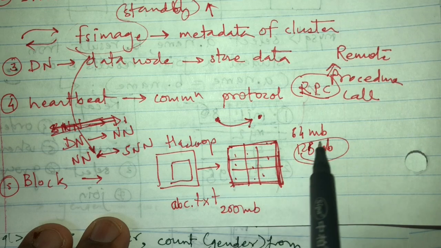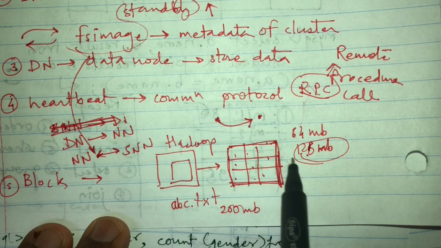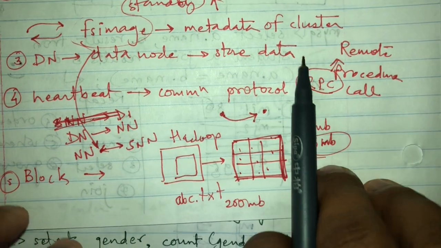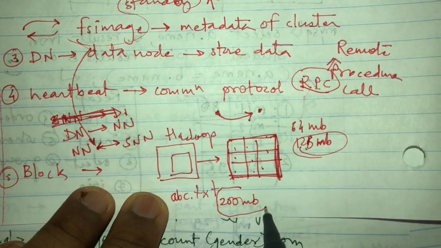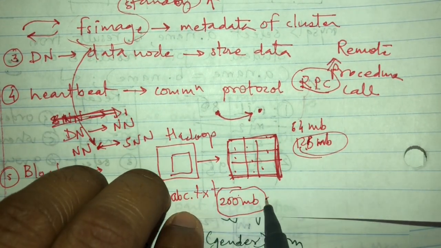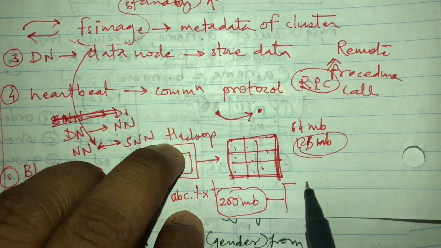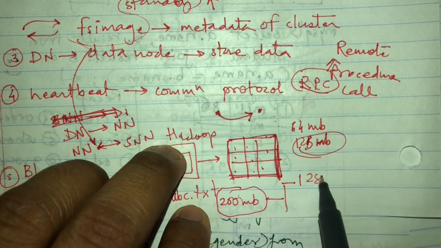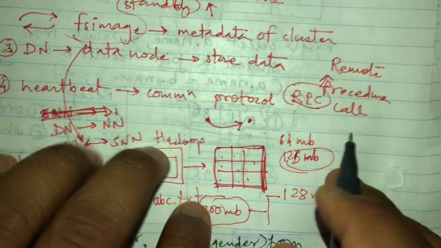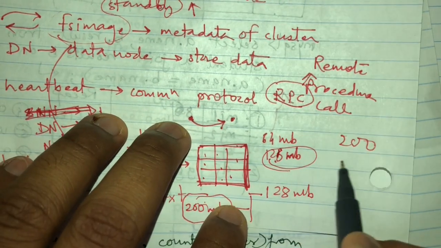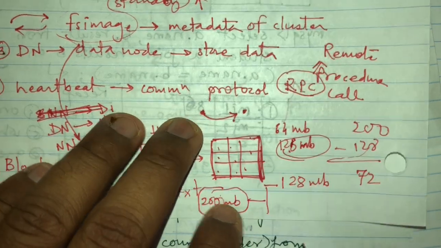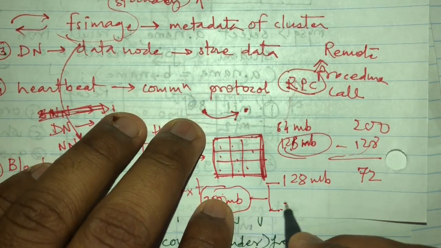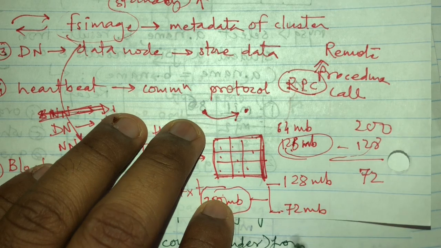So the way this 200 MB file is stored here is, first of all, it is split into chunks of 128 MBs. So the first chunk will be 128 MB, then the remaining, which is 200 minus 128, which is 72, second chunk will be 72 MB.